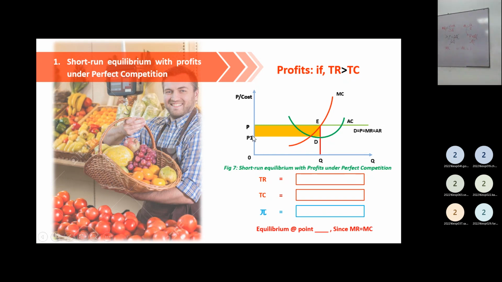Why? This is your average cost, and if you multiply your average cost by your quantity, you get your total cost. So this entire white color area, simply this rectangle, is your total cost. Is that clear?